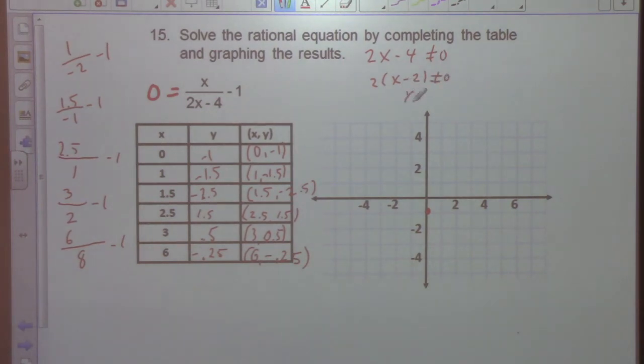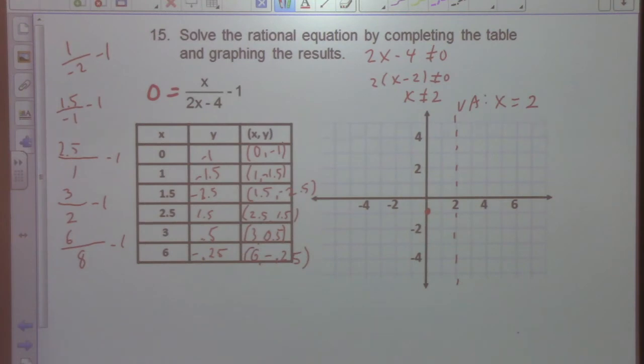Therefore, yeah, x cannot equal 2. So we can just draw in a vertical asymptote. The vertical asymptote is going to be x equals 2. That's our vertical asymptote.